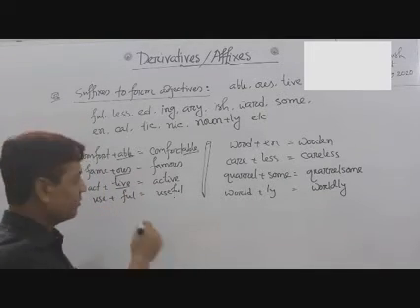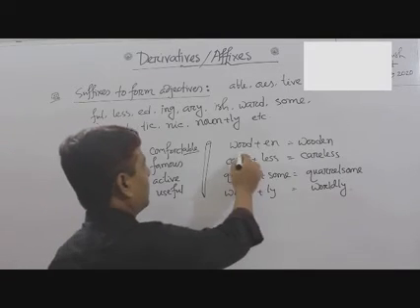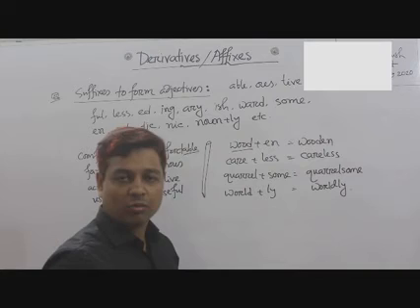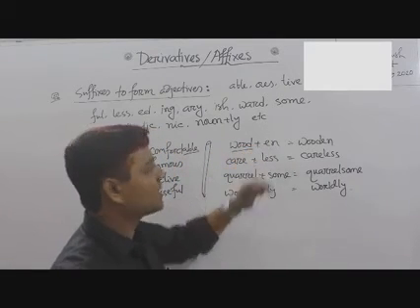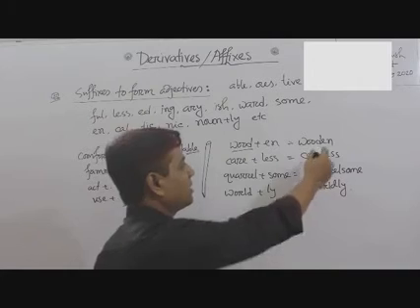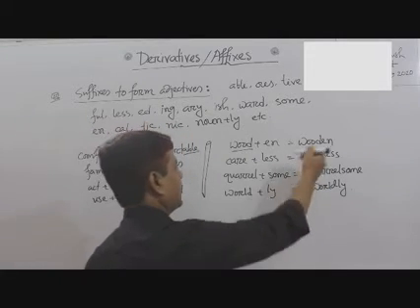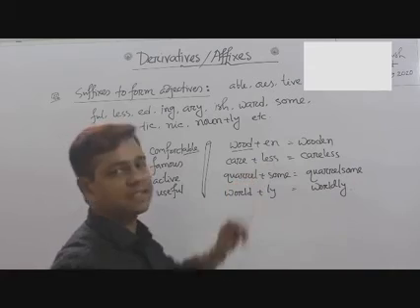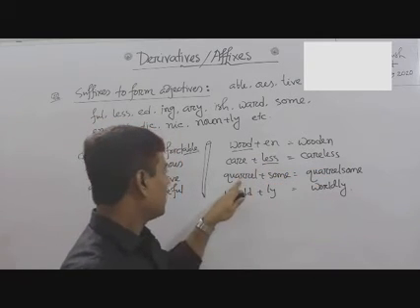Use plus ful, ful is the suffix and the adjective is useful. Wood is a noun, and when we use wood plus en suffix, it becomes wooden and turns into an adjective. Care plus less, careless, less suffix and careless is an adjective.